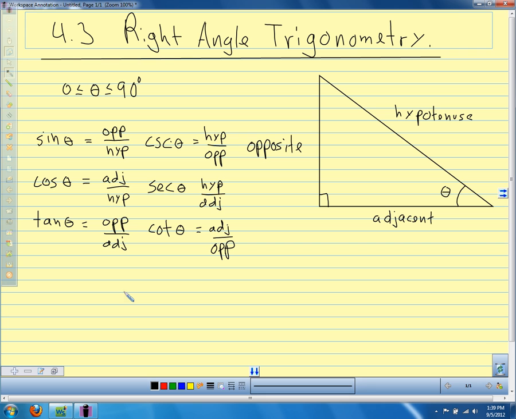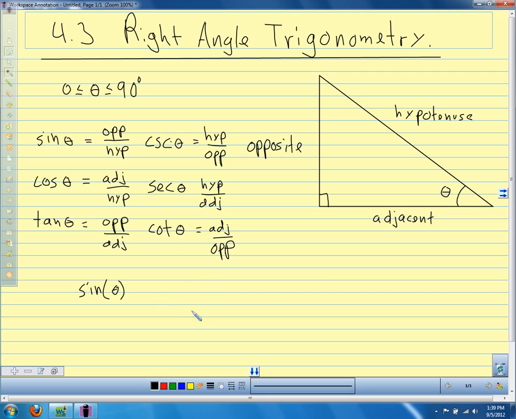A couple of things to remember about the trig functions, and it's mistakes that people make every year when we talk about trig functions. When we're talking about the sine of theta, we're thinking of the sine as a function. So what we really mean is, if we were being more precise, we would write the sine of theta, like we write f of x.